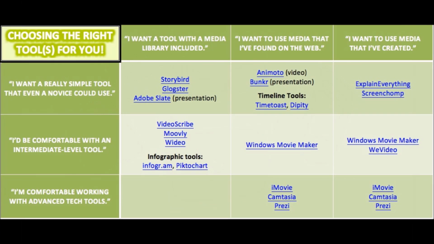In this chart, you can see just a few examples of tools, from those that will work for an absolute novice and that include their own media library, to tools that are more sophisticated and allow you to combine your own media components with transitions, callouts, animations, zoom and pan, and more. The tool that you choose is entirely dependent on what works best for your needs and the needs of the digital story that you wish to convey.